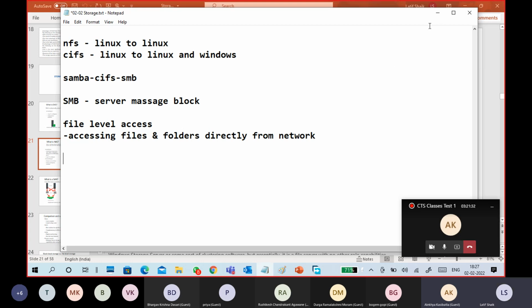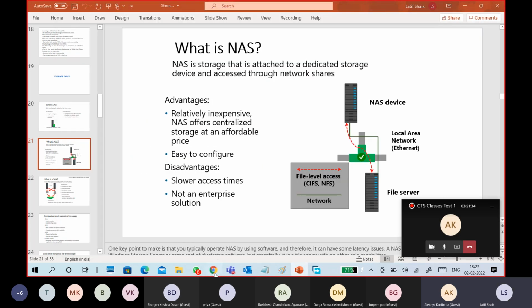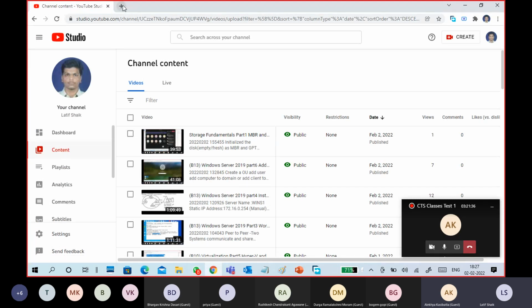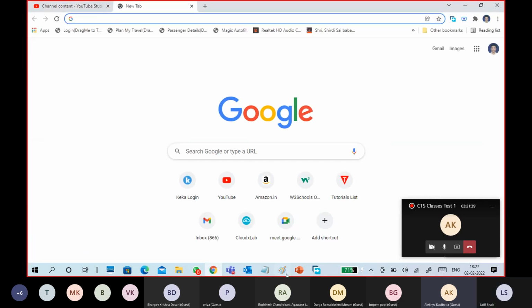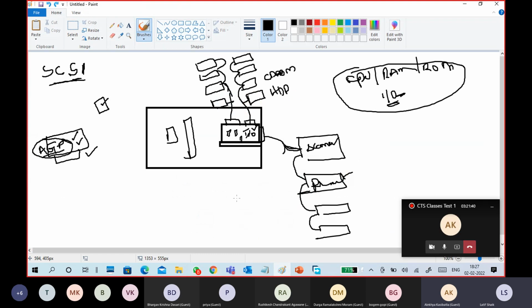Okay, next, guys, small information about a NAS. You have different types of devices, for example a mobile phone, tablet, laptops, desktops, right? The problem with any system is storage.